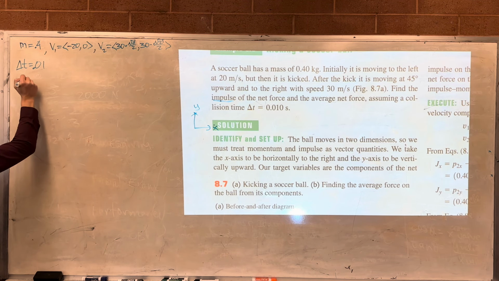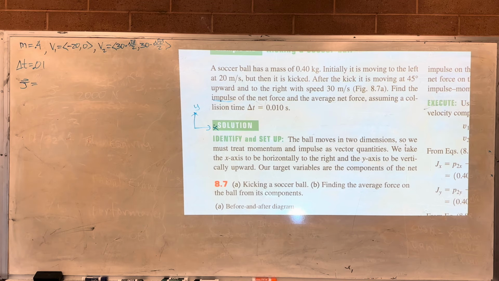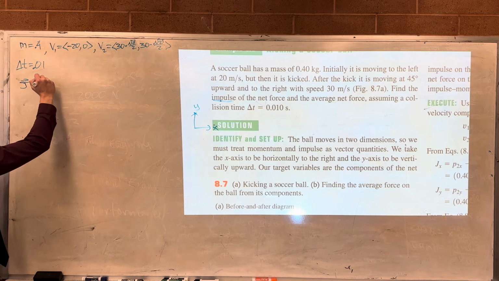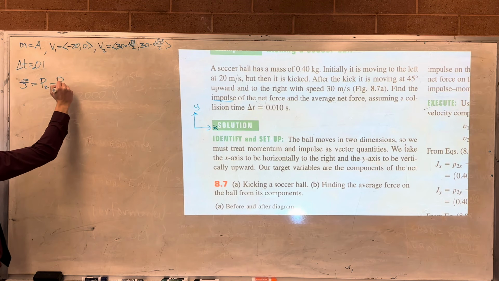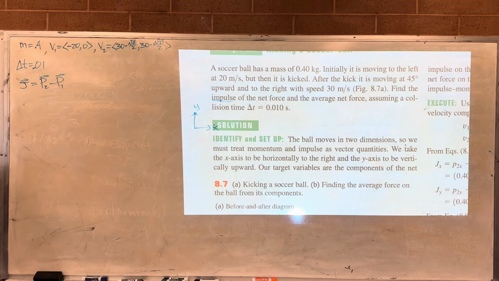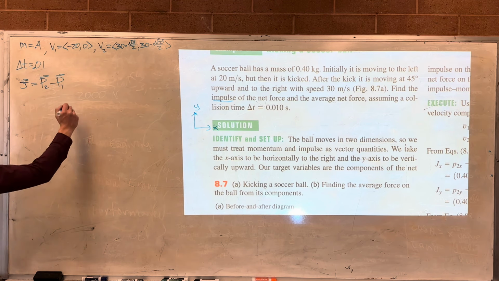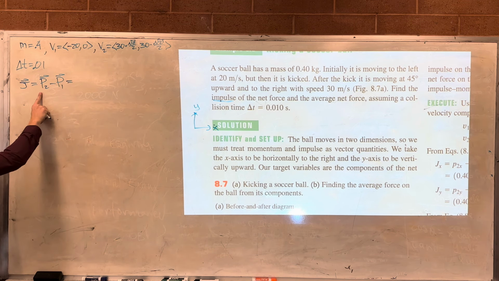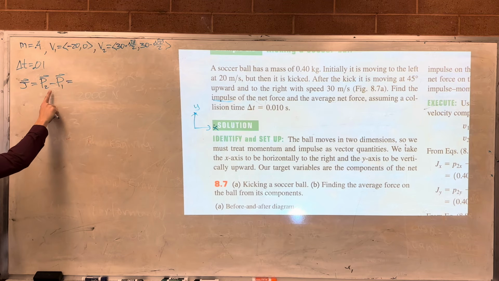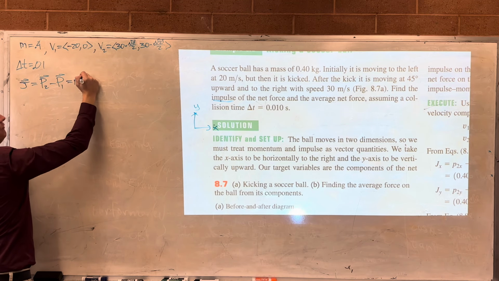So, how do we get our impulse? It's the integral. It's going to be our final momentum minus our initial momentum. And so this is just m times v2 minus m times v1.